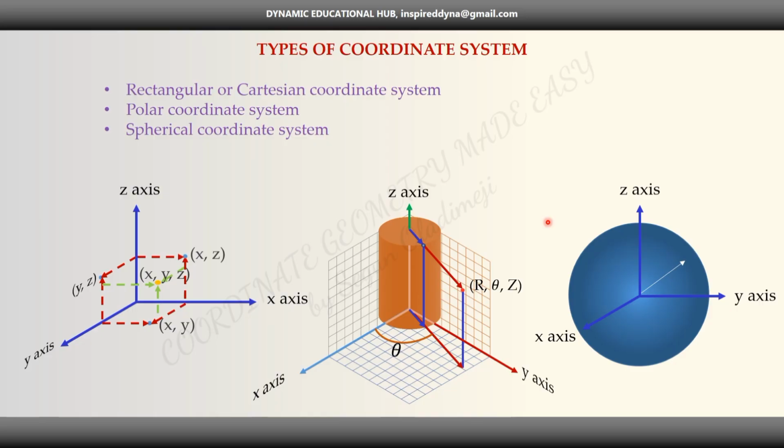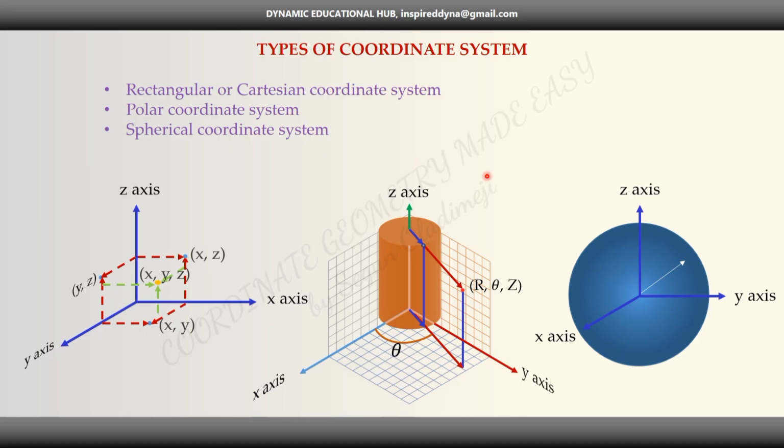What did I mean? Now, if you have a flat surface and you want to give the location of points on a flat surface, the best coordinate system that you can use is Cartesian or rectangular coordinate system. Now, if you have a circular flat surface, the best coordinate system that you can use is polar coordinate system, the 2D form.